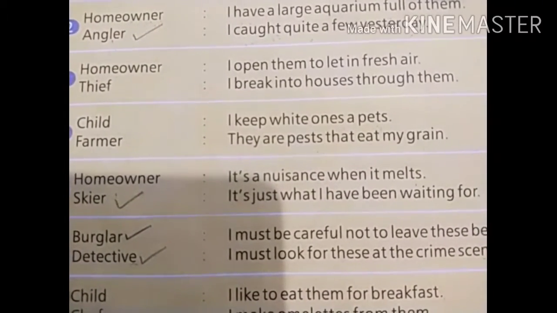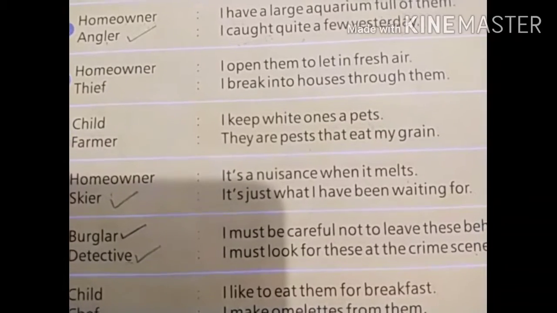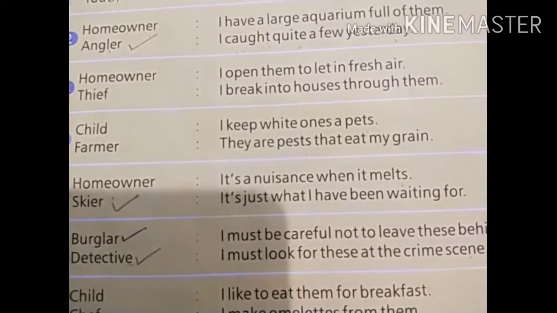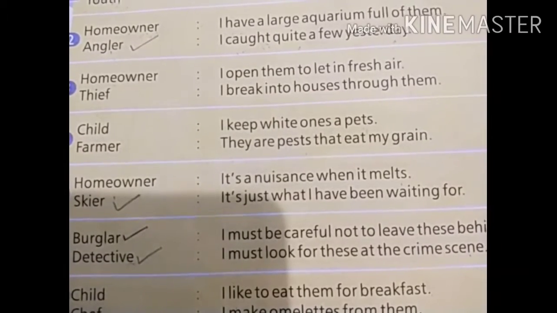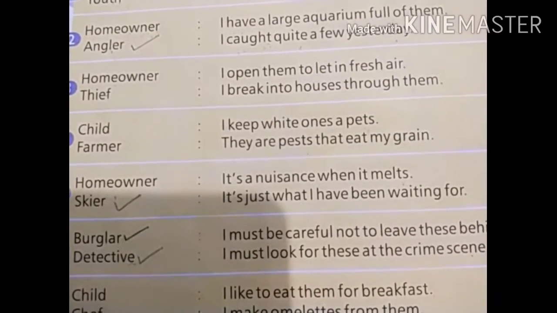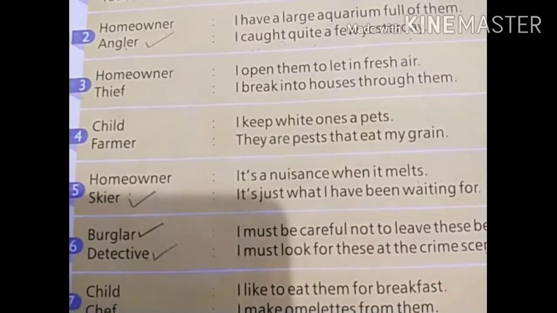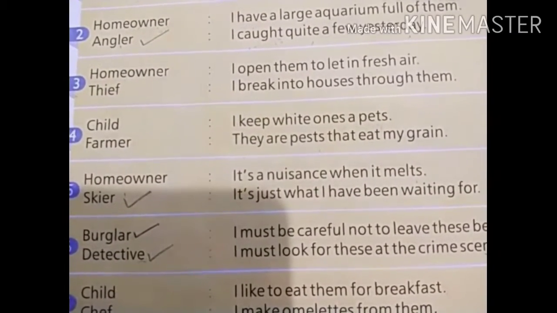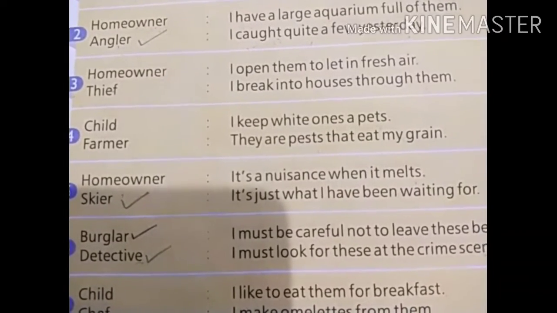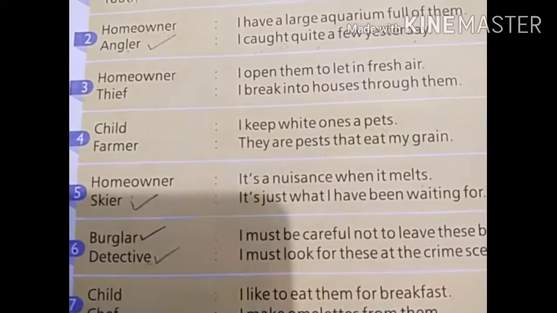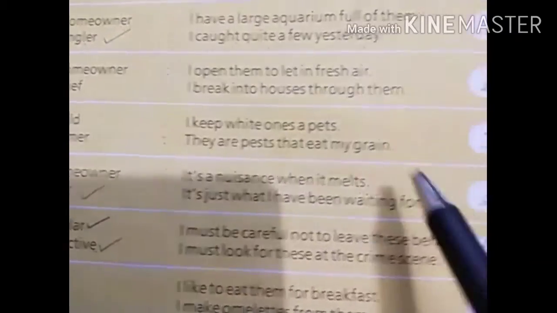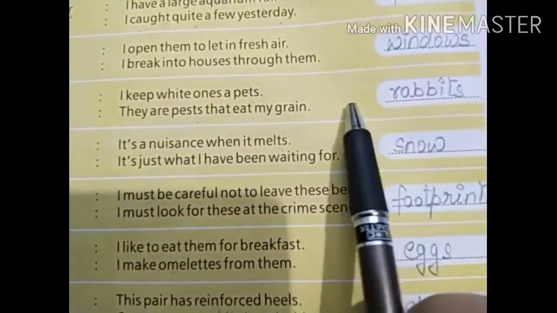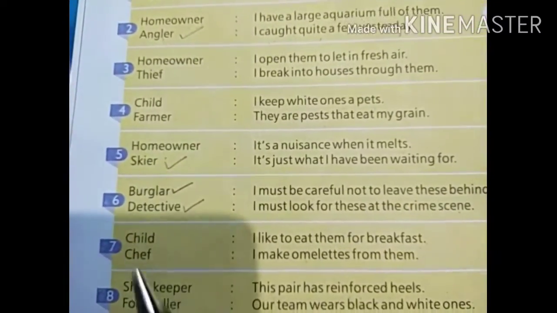They eat my grains. Pests are smaller creatures who eat the grains, the crops. So this animal, about which the child is talking, is an animal which is white in color and which eats grains. So of course it is rabbits.